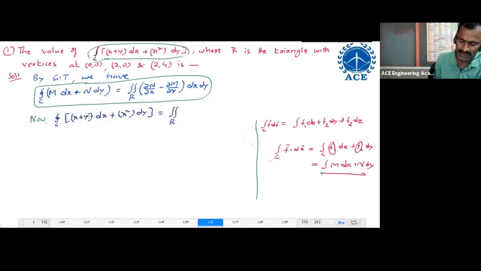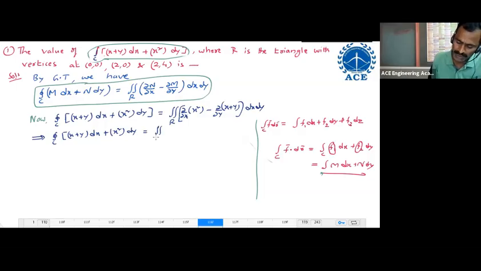The coefficient of dx is M equals x plus y. On the right hand side, ∂/∂x of x square minus ∂/∂y of (x plus y) dx dy, which implies the integral over C of (x plus y) dx plus x square dy equals the double integral over R of (2x minus 1) dx dy. Conversion of the line integral to a double integral is completed.